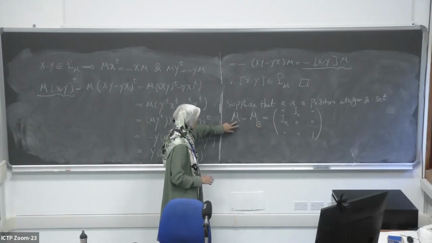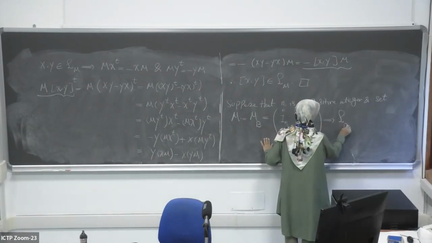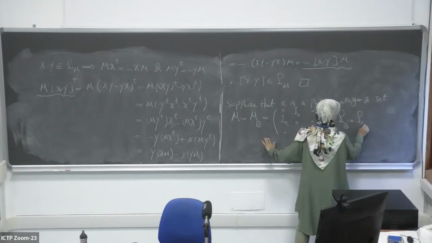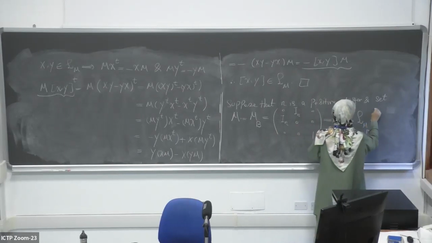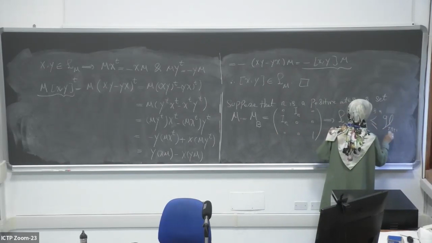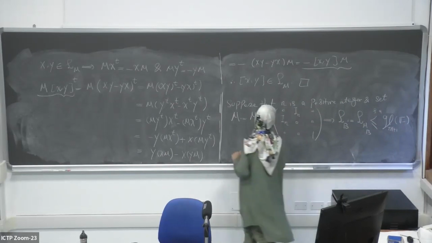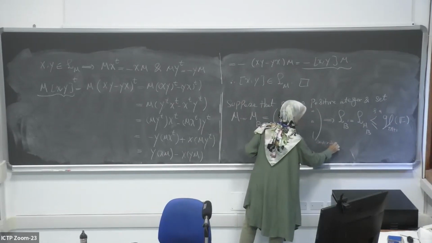If we consider M and then L_B, which is L(M_B), it is a subalgebra of gl(2n+1, F). This matrix is (2n+1) times (2n+1).